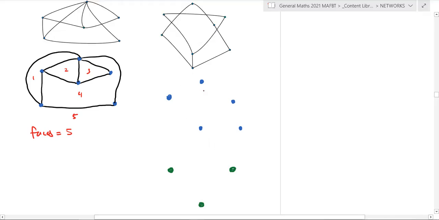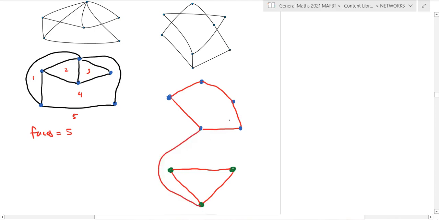Here we go. I can see that the top half of this graph, they're all connected like this, and then the bottom half are connected like this. But I can see that this vertex is connected to that vertex.